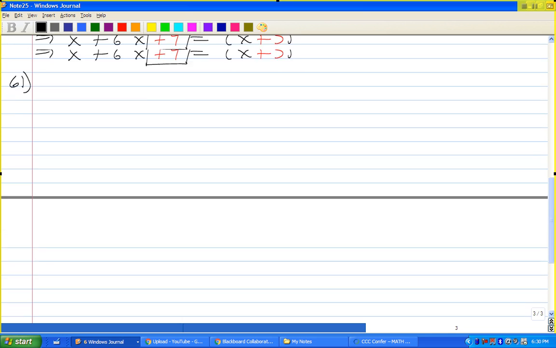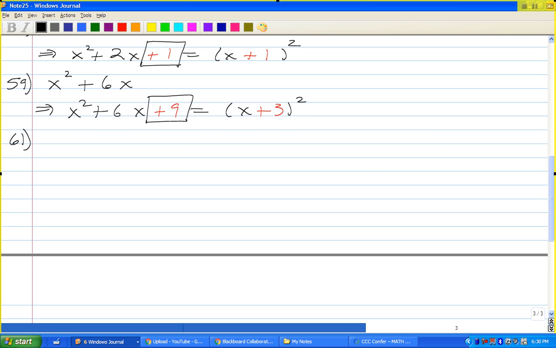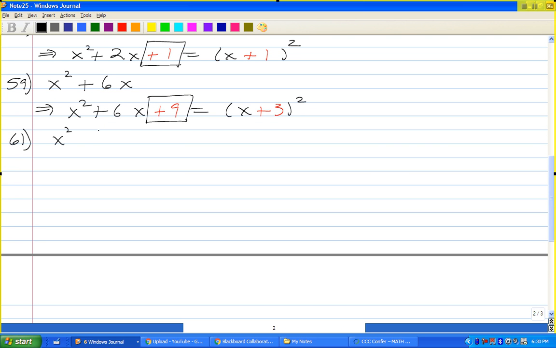Okay, so I have here x squared plus 8x plus 9. So this is equal to x squared plus 8x plus 9. Since there's a 1 in front of the x squared, I just take 8 divided by 2.